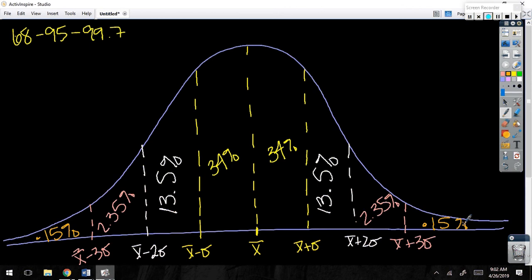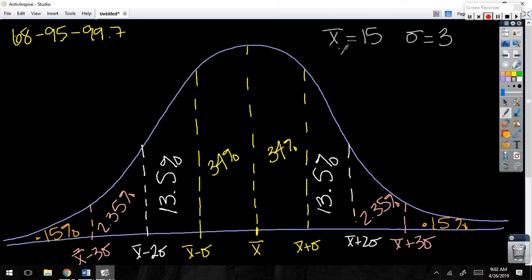All right. Let's set up a scenario. Keep this handy. Don't write over it like I'm fixing to do because you don't want yours to be sloppy. Let's say you have a standard normal distribution that has a mean of 15 and a standard deviation of 3.